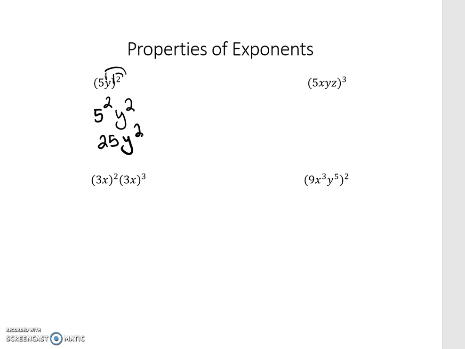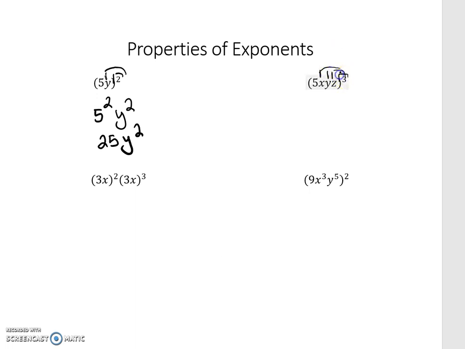Okay, so I'm going to move to the next one to the right, which is parentheses 5xyz cubed. So my entire base is the 5xyz. So I need to make sure to apply that cubed to everything. I don't have any visible exponents on the inside, so I'm going to go ahead and put my 1s here. And then I need to distribute to each of these.